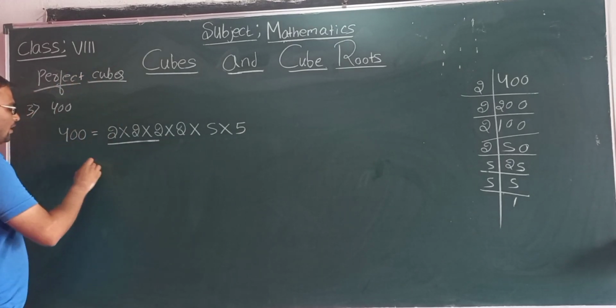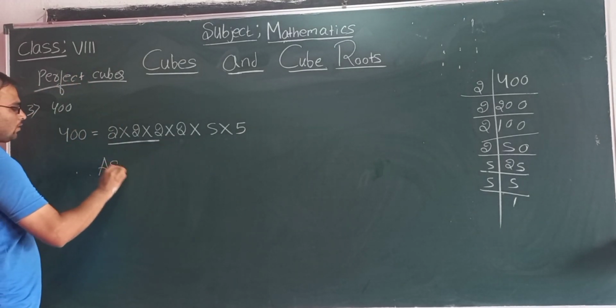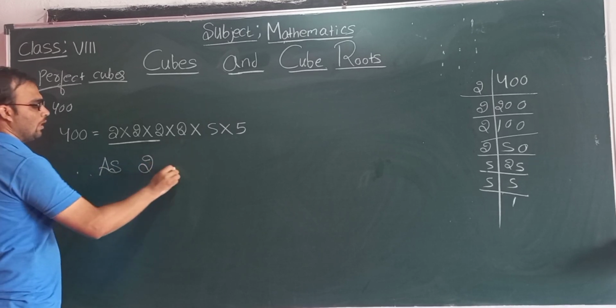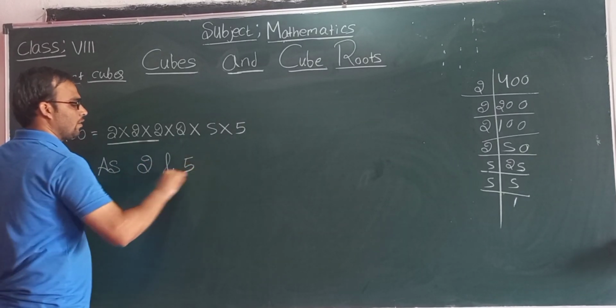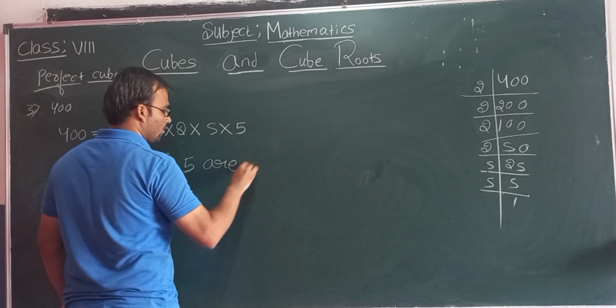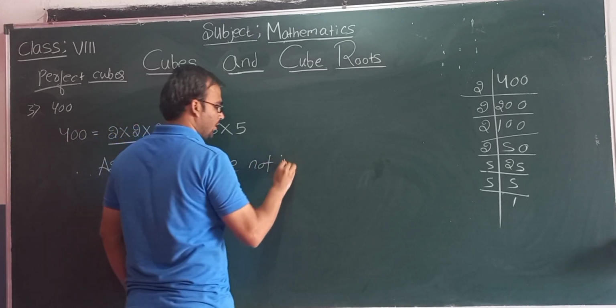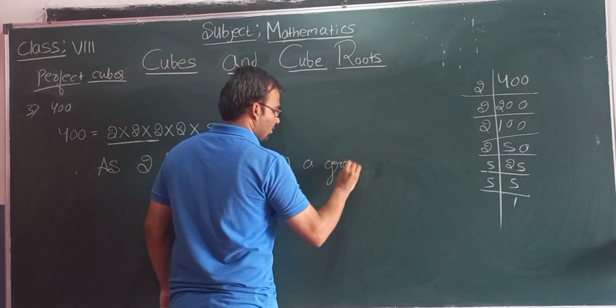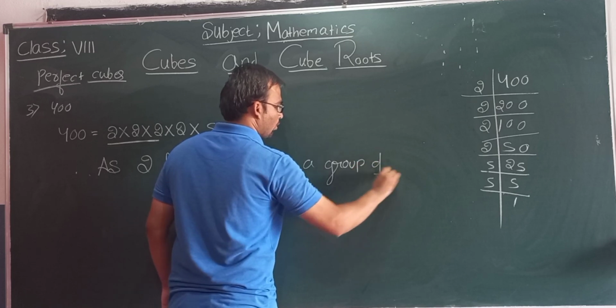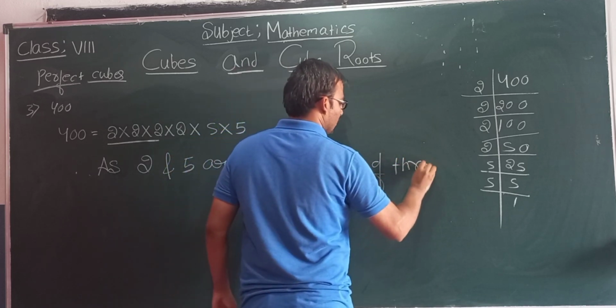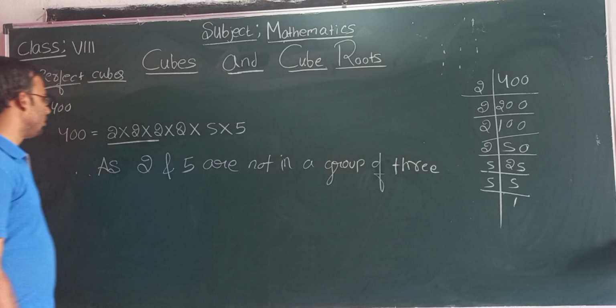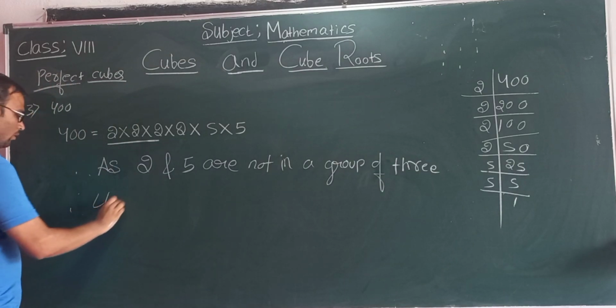So we can write that 2 and 5 are not in a group of 3.